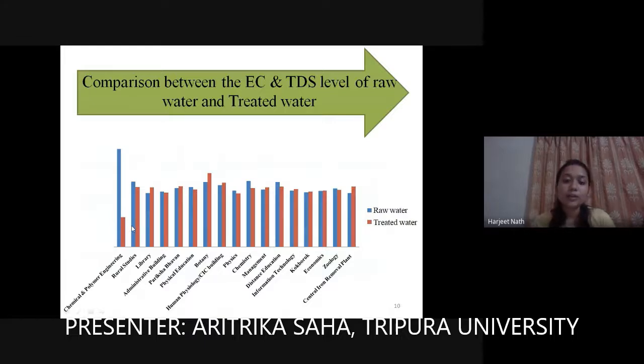But if we take the example of the Botany Department, the electrical conductivity of the raw water sample is low, but after filtration it is increased. That can be because of some carbonate and bicarbonate ions in the pipelines.